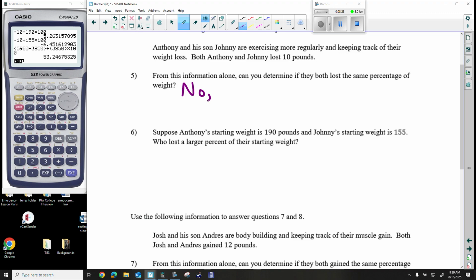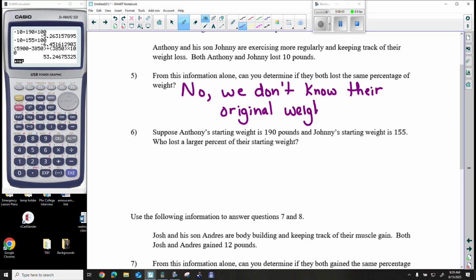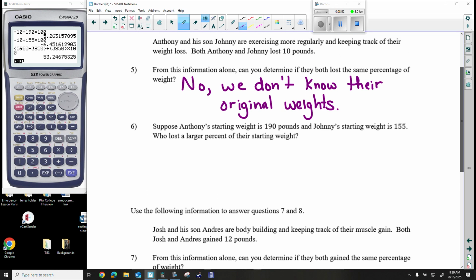And the reason is I don't know their original weights. All right. No, we don't know their original weights.